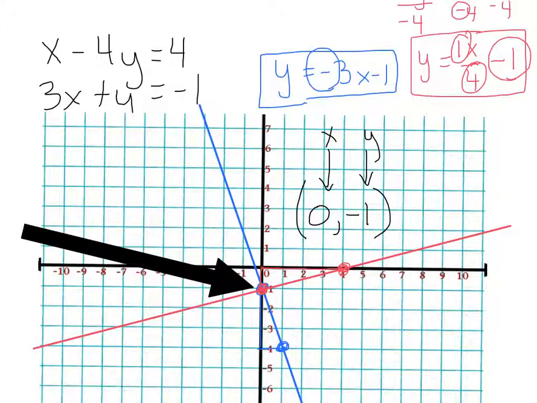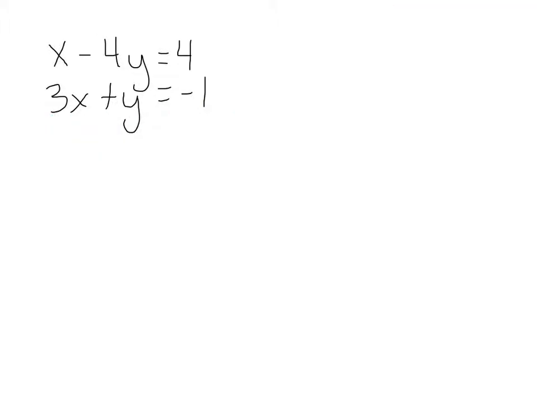So when we talk about the solution, we're saying that x equals 0 and y equals negative 1, right? Okay, so we said the answer was x equals what? 0 and y equals what?